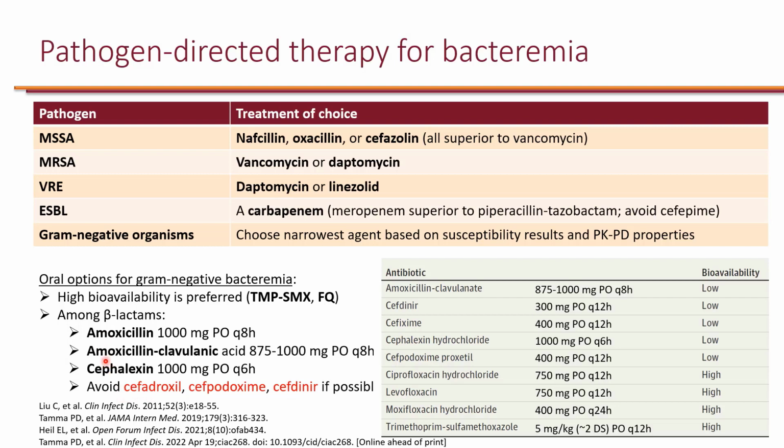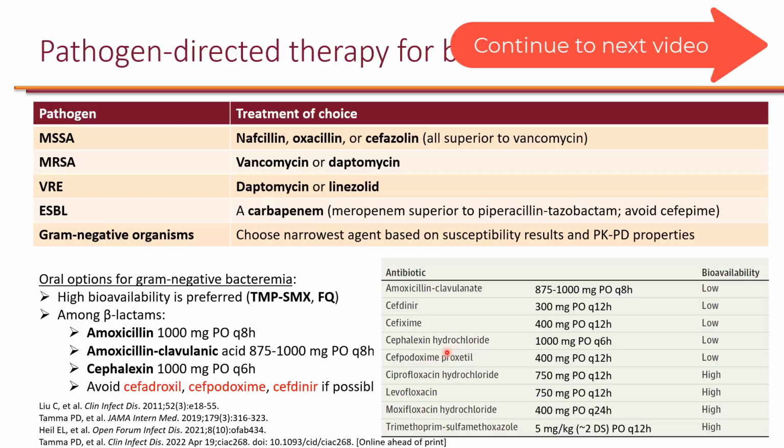But if the patient cannot get these other ones, you could potentially use them, but you have to make sure that you use higher doses than we normally use. So you want to optimize the dose.